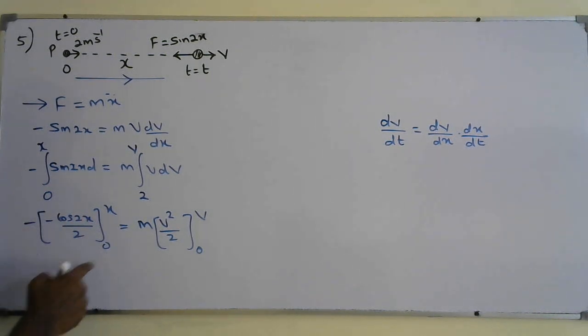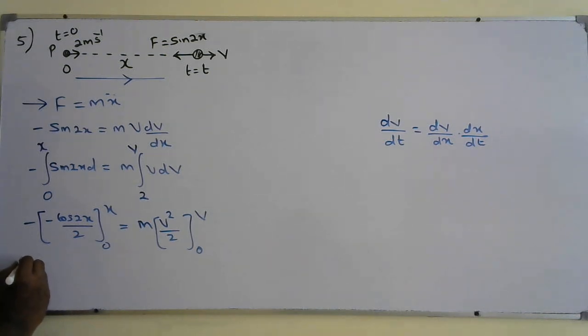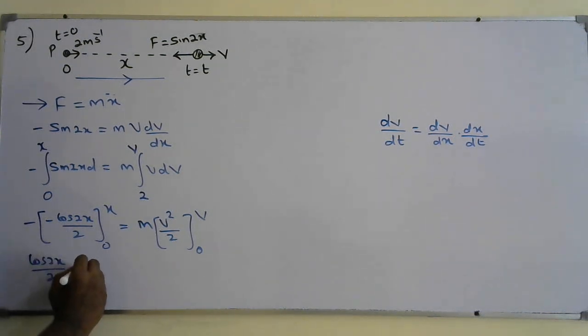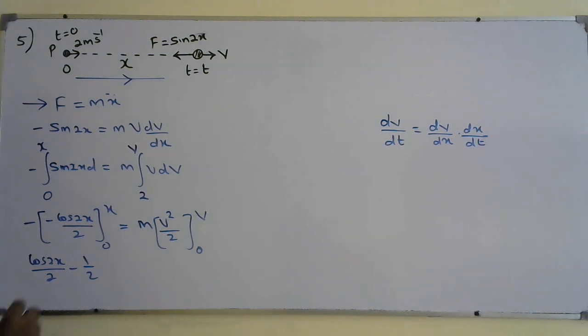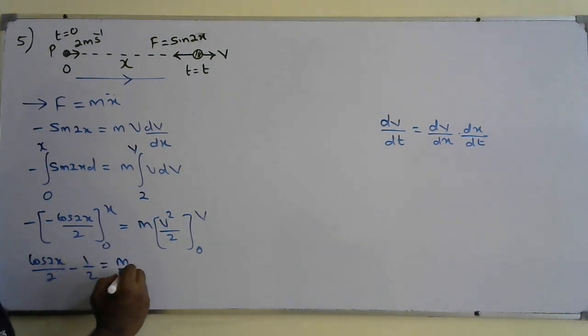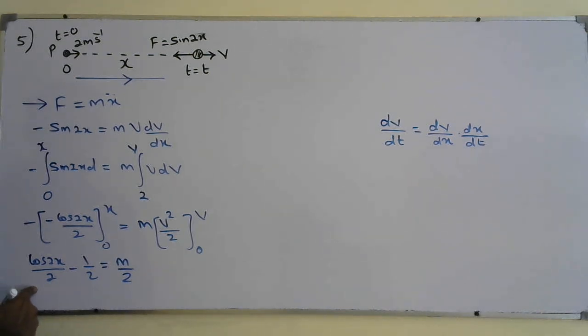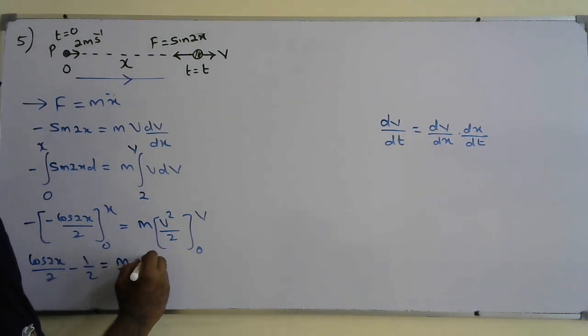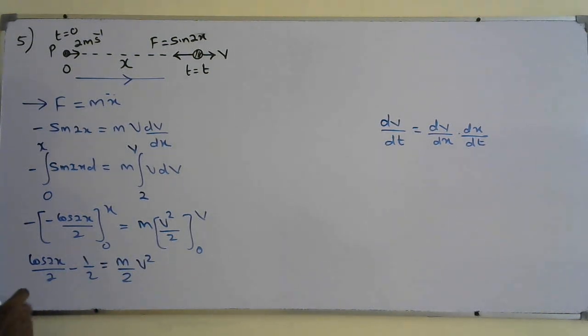Cos 0 is 1. So that's going to be cos 2x. I can take the half out. So we'll put cos 2x by 2 minus half equal to m by 2 v squared, but these two will get cancelled. So we'll get cos 2x minus 1 equal m v squared.